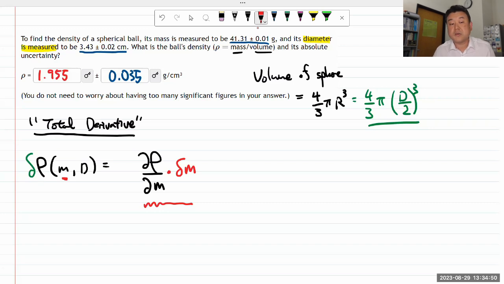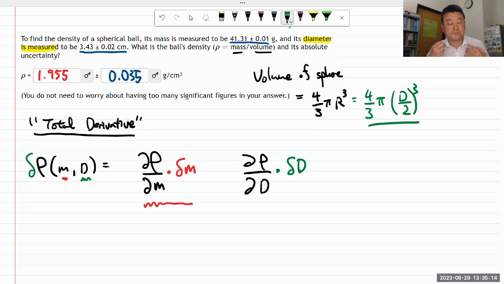Now, because this is an expression with two parameters, a function of two variables, you also have to consider the influence of the error on the diameter. So you have to add that in as well. To do that, you do the same thing: take the derivative of density with respect to diameter and multiply that by the uncertainty of the diameter.